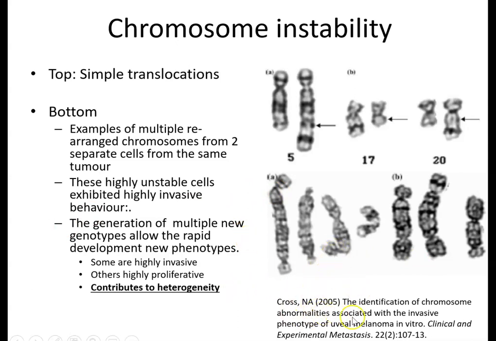So in this particular study that I did here, what we showed is that if we selected out the most invasive cells from a population of cells, they tended to have highly unstable chromosomes, and those chromosomes were signifying that in these tumour cells the chromosomes were breaking apart, sticking back together and creating new phenotypes.